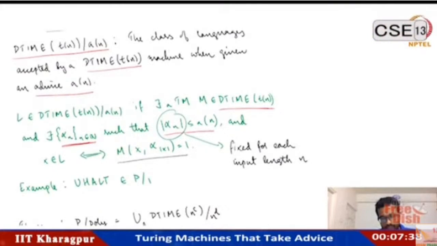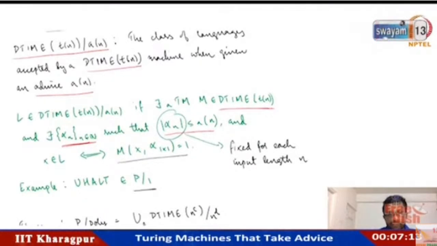So just to give some idea, we saw UHALT, which is the unary version of the halting problem. This actually was in P/1. The advice string here was just one bit. So for each input length k, we need to know whether that input length is in the language or not. So the advice string could be one bit.